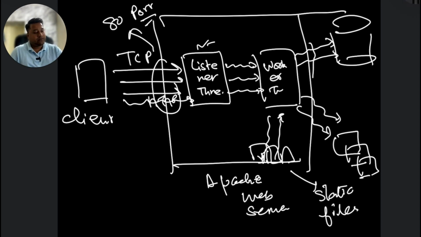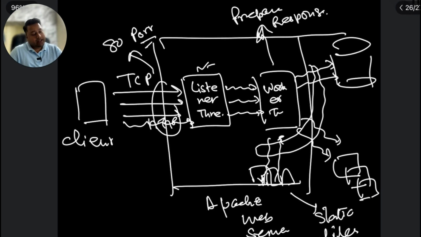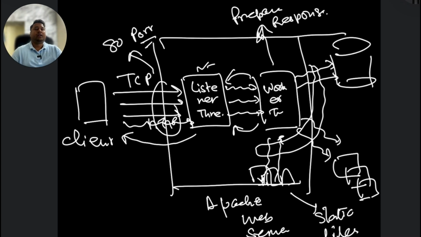It will get all the data from here and then prepare a response. Then the worker thread will send the response back to your listener thread. Now the listener thread will send it back to your client, right? Now your TCP connection will get closed.